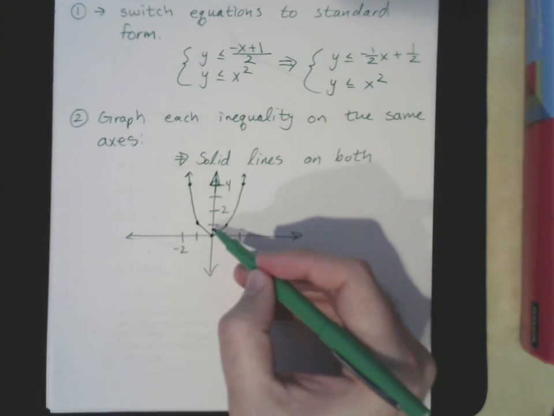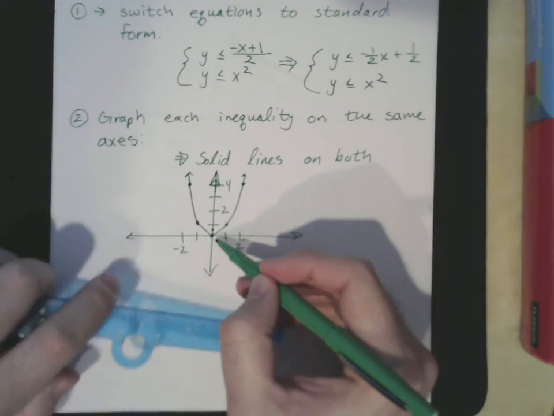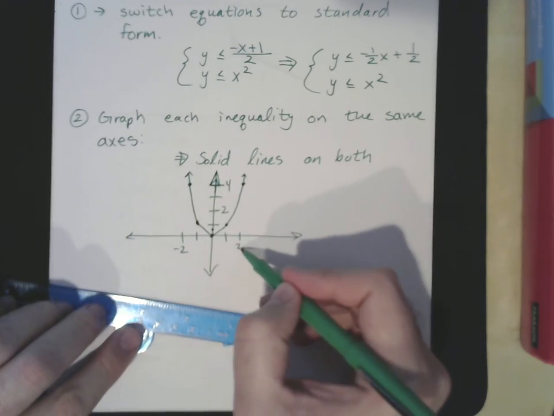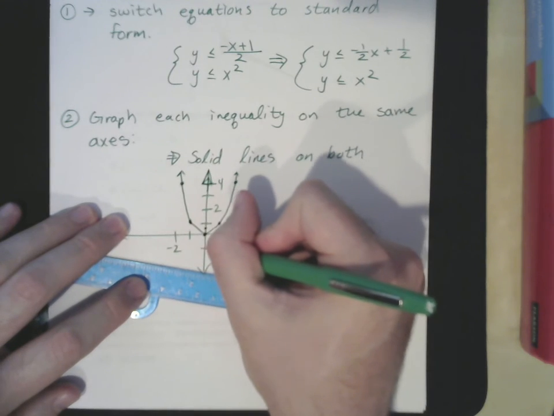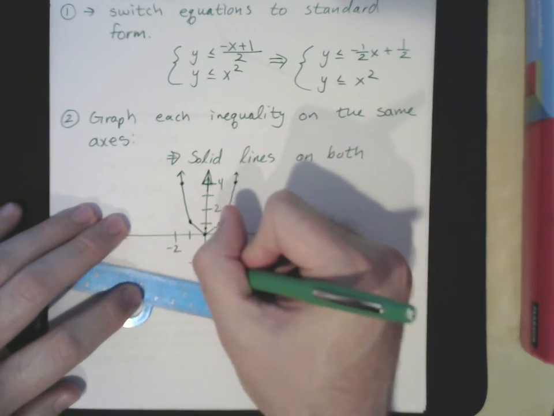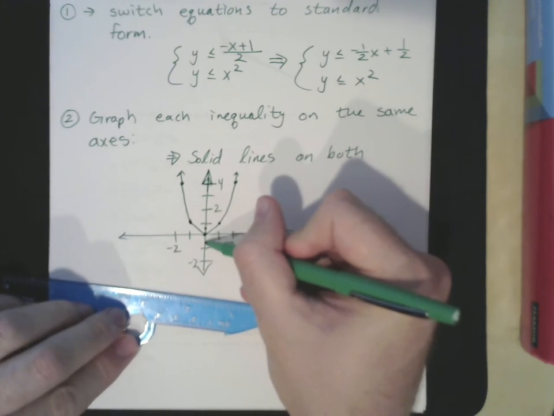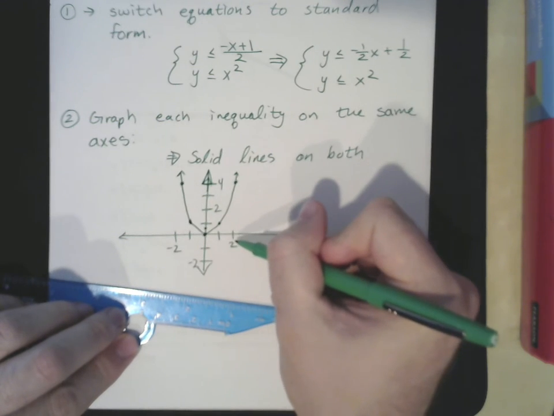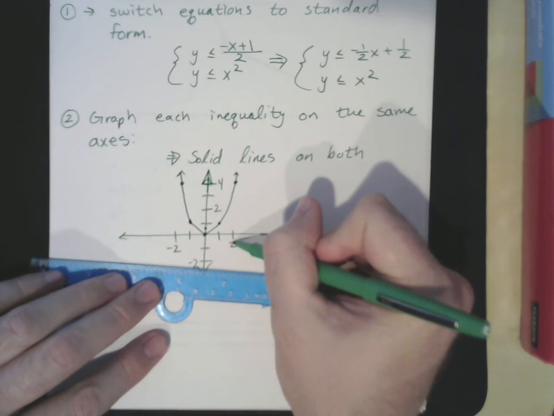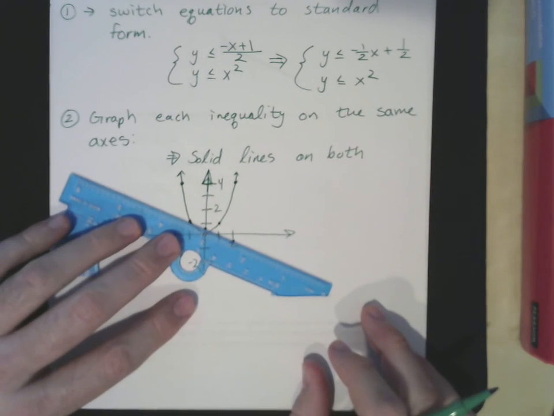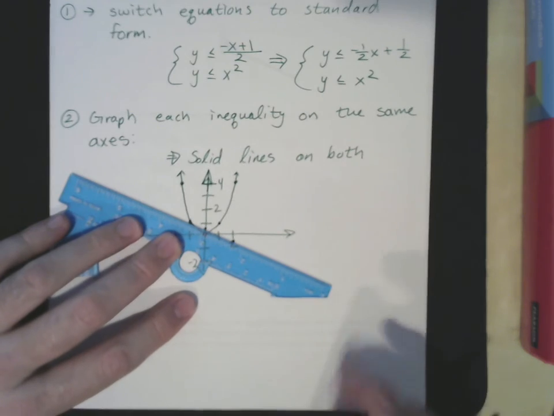So we're going to go down 1 and over 2, which would put us at, if this is -1, -2 here, down 1 would be -1/2, over 2 would be 2, -1/2, so that's going to be right there. And we're going to connect that line.